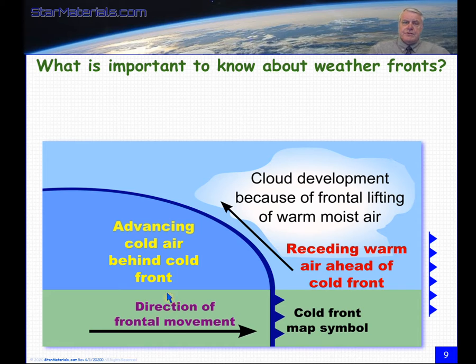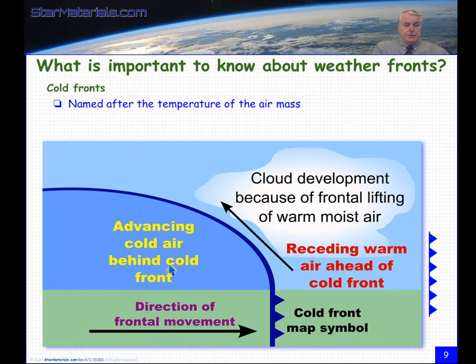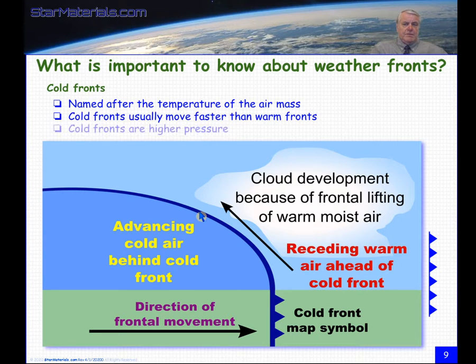Remember, cold air fronts move faster than warm air fronts. And because of that, it's shooting the moist, warm air up, cooling it down and causing cloud development. So cold fronts, they're named after the temperature of the air mass, remember. They usually move faster than warm fronts and are of higher pressure. And higher pressure air will lift lower pressure air because it's more dense than the lower pressure air.